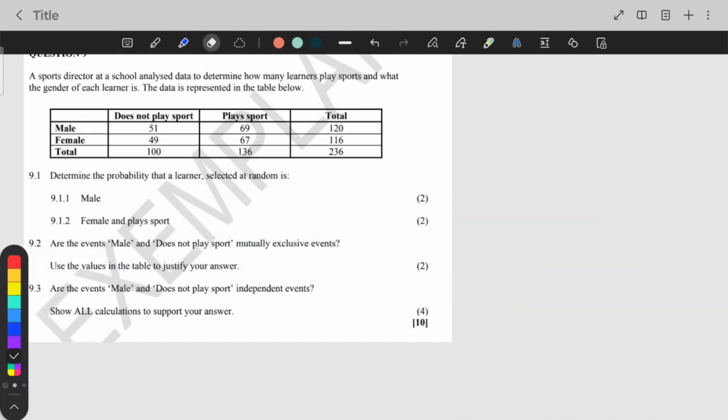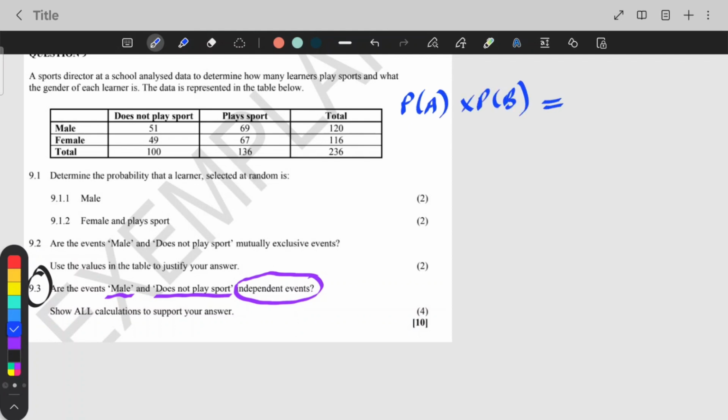Okay, our next question is, are the events male and does not play sports independent events? For events to be independent, P of A times P of B should be exactly equal to P of A and B. Now remember, A is being male. So this is the probability of being male, and this is the probability of not playing sports.